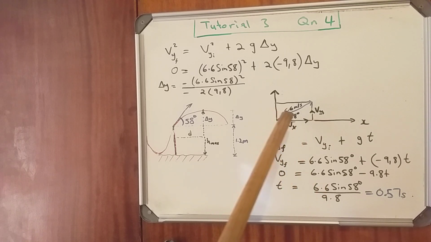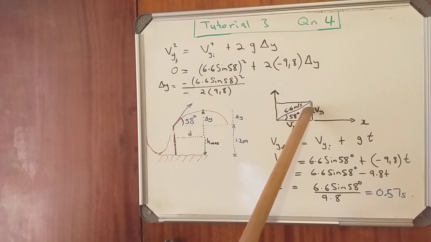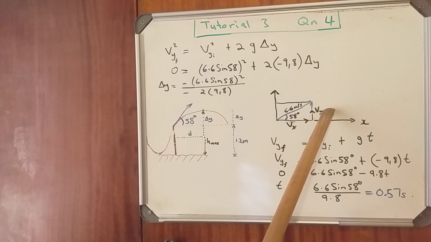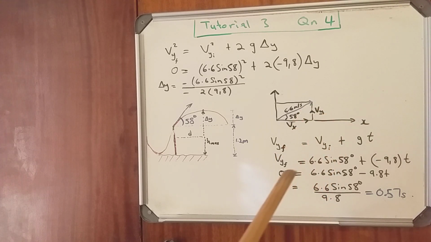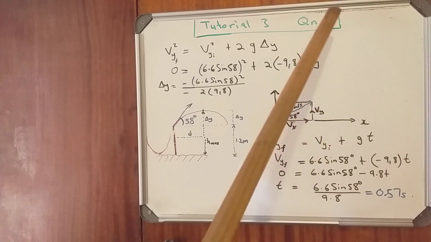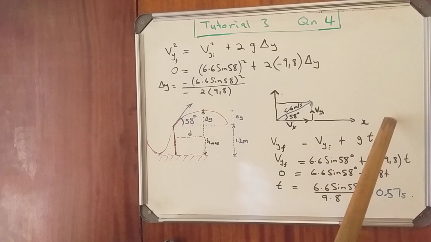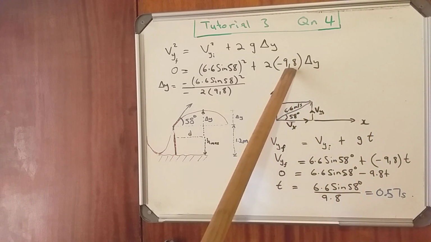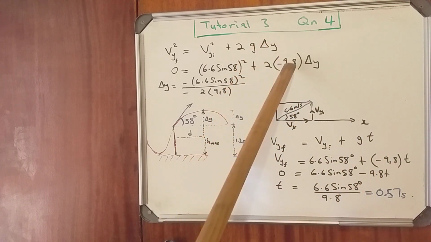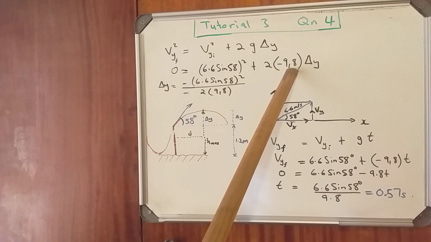So first we must resolve the velocity into components Vx and Vy. Taking up as positive and right as positive, we take note of our acceleration due to gravity. It's negative 9.8.